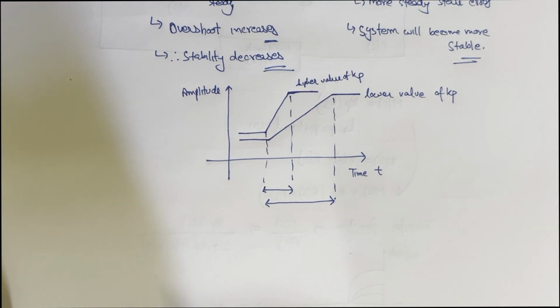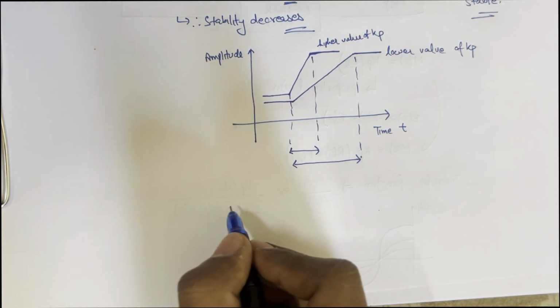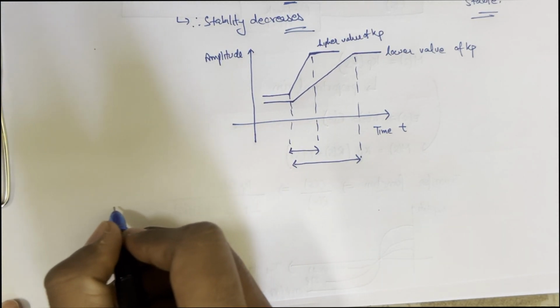Now we will discuss a proportional controller for a second order system with unity feedback.